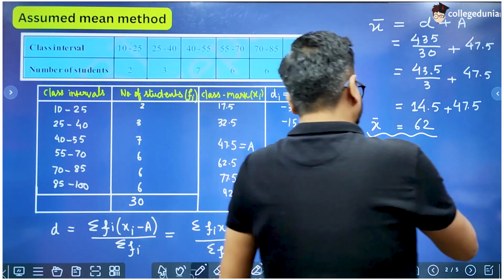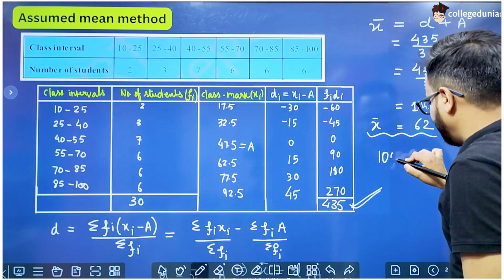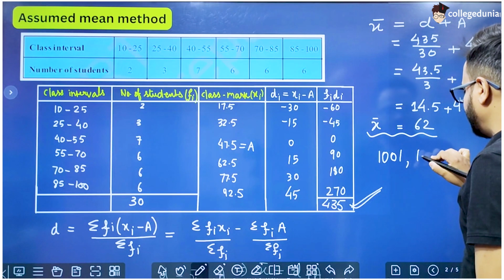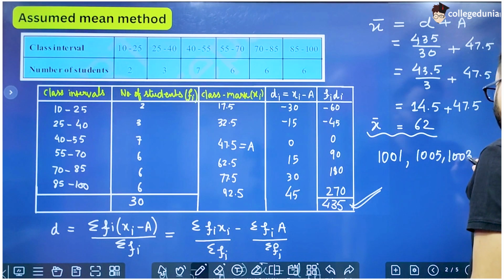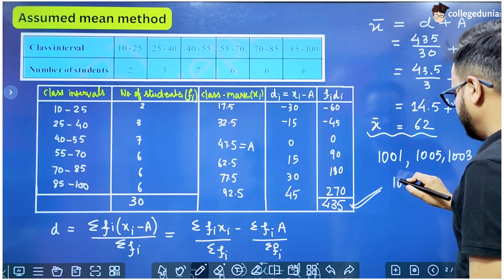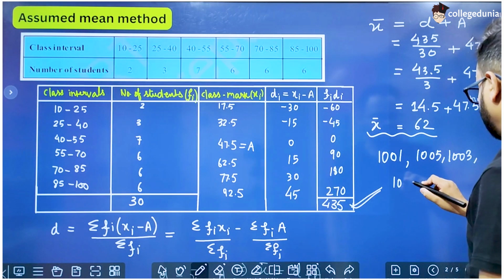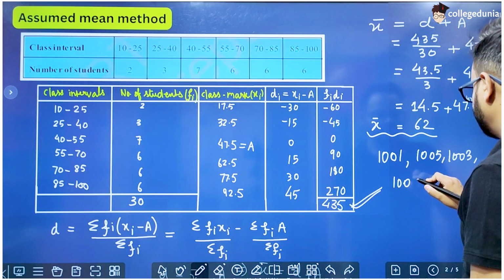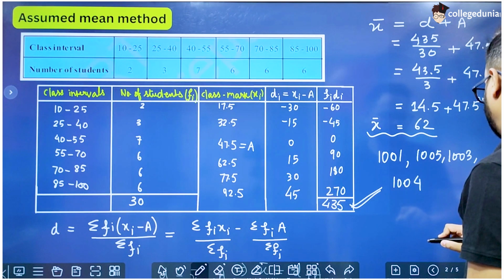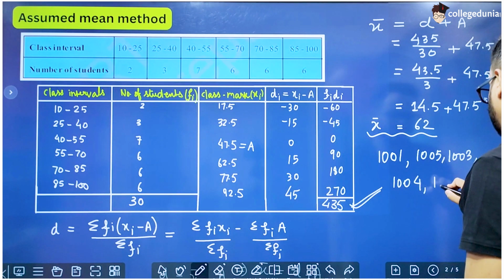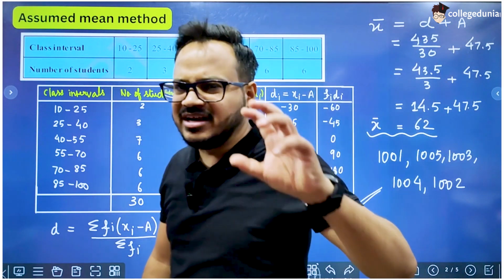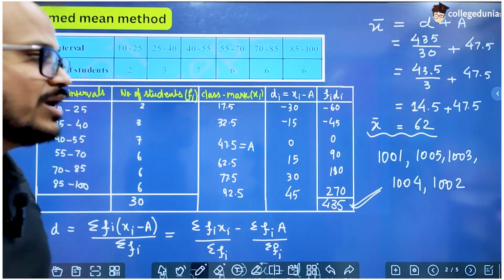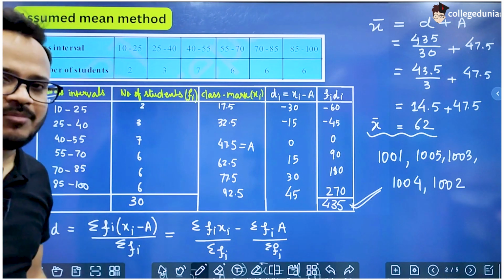Okay, let us say we have these numbers: 1001, 1005, 1003, 1004 and 1002. We are saying that these numbers are very large, so let us subtract 1000 from every value.